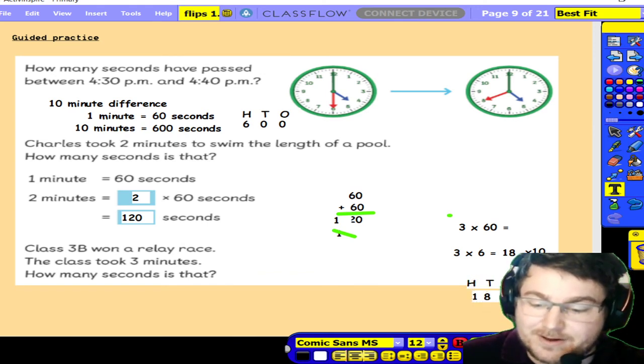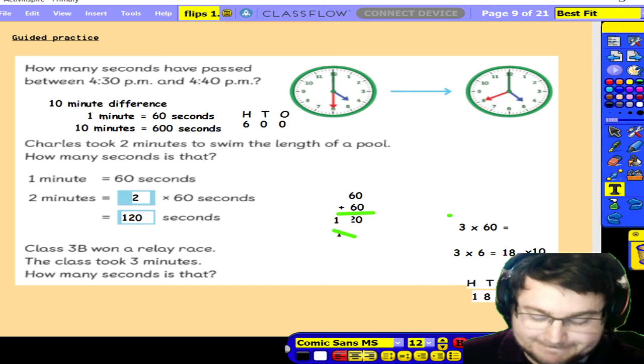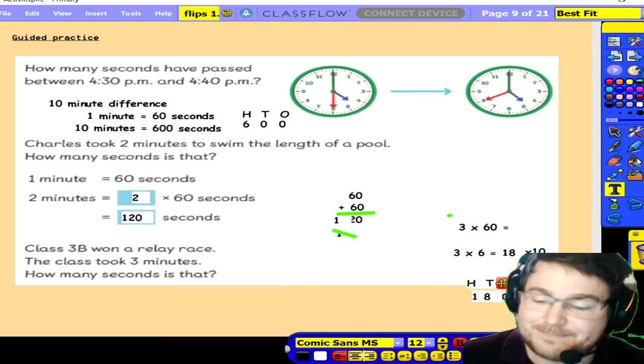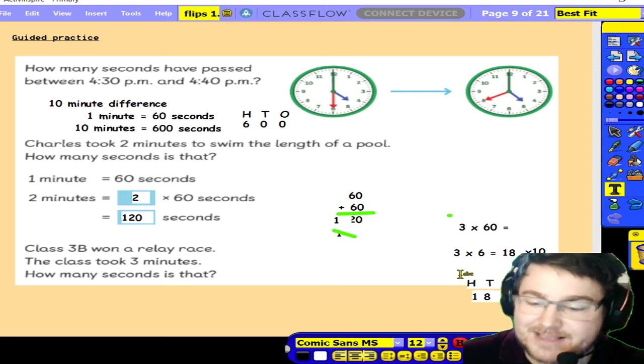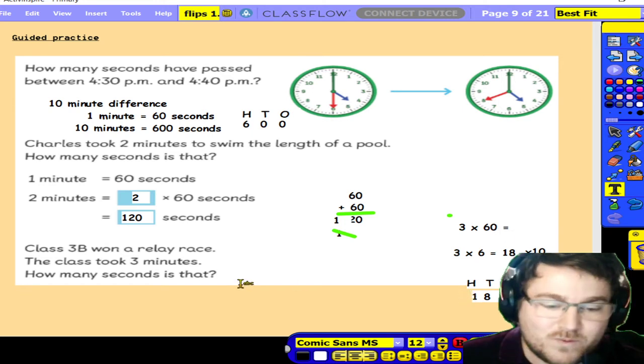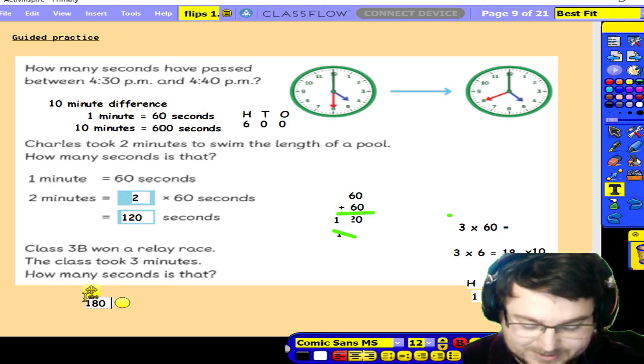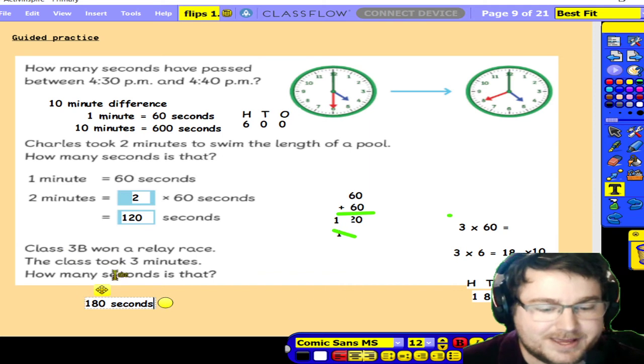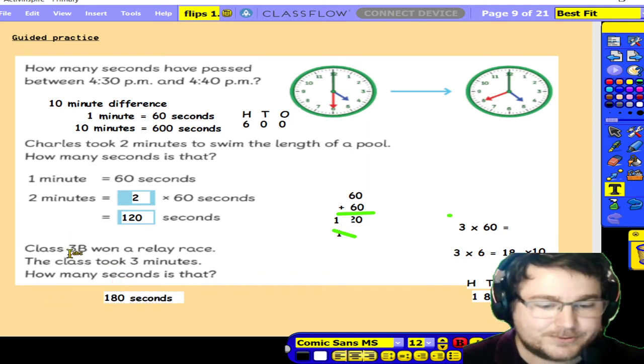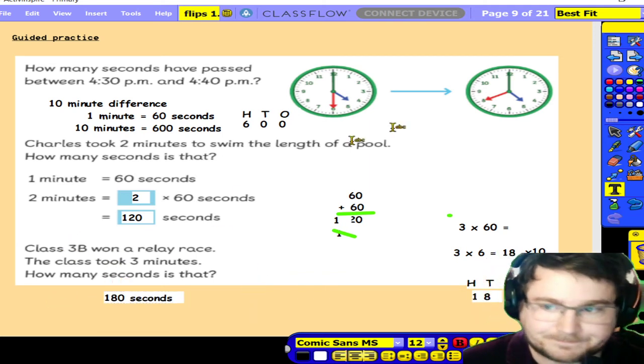So now we have, ooh, what am I missing here? A 0. So actually 3 times 60 is 180. This is 180 seconds. There you go. And class 3B, well done. That is a pretty good time.